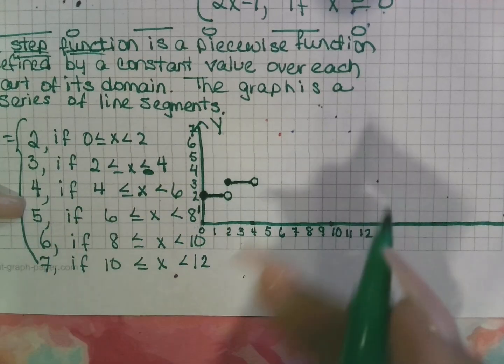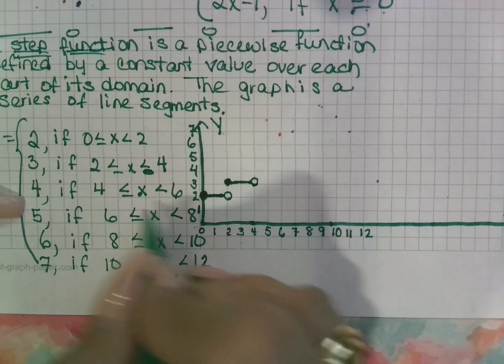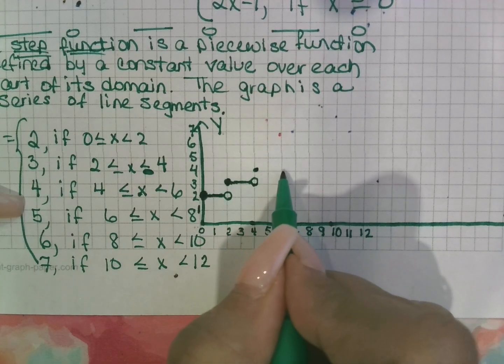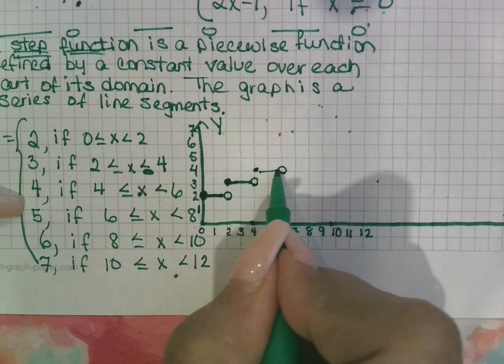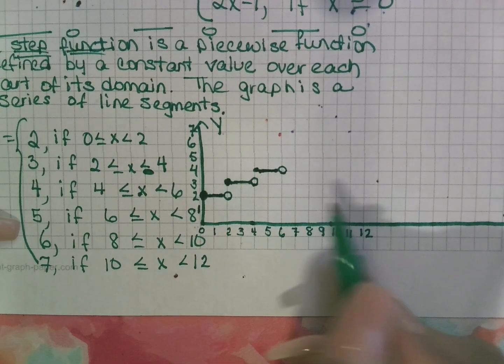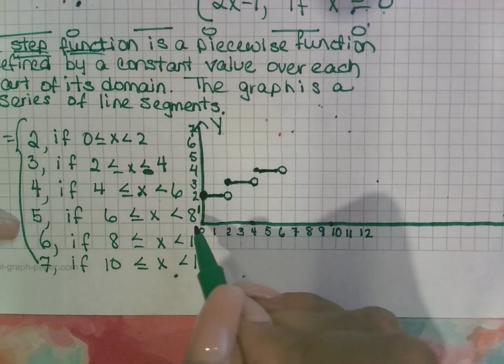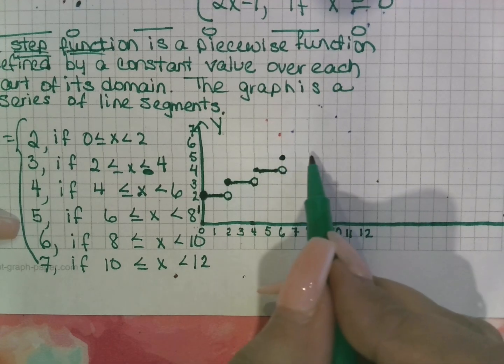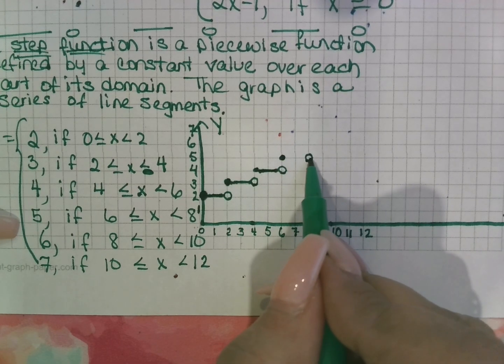And then it's going to be 4 from 4 to 6. And there's an open circle at 6. And then it's going to be 5 from 6 to 8. So it's closed here and then open at the 8.